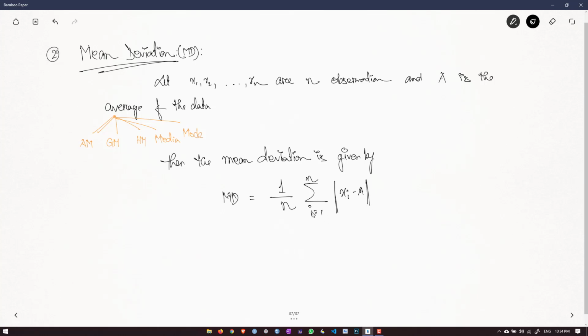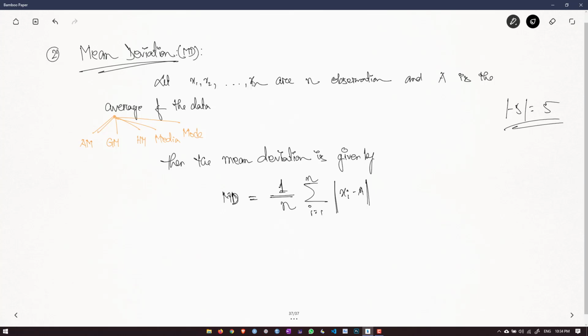Now what is modulus? Modulus will disregard the sign. It will take only the positive quantity. So even if you write modulus of minus 5, that will be 5. So this is the formula for mean deviation.